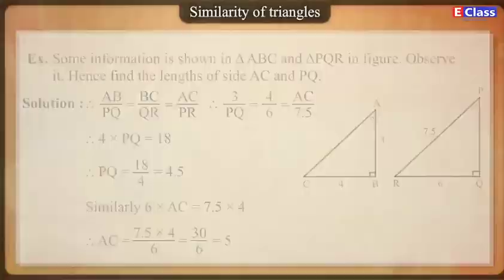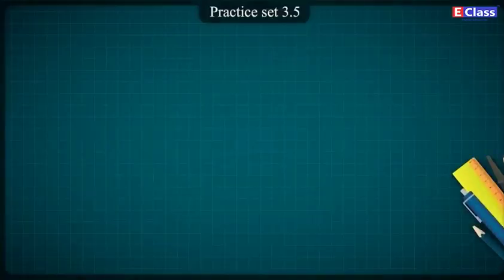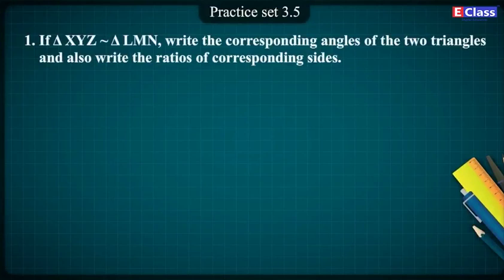Practice set 3.5. Question number 1. If triangle XYZ is similar to triangle LMN, write the corresponding angles of the two triangles and also write the ratios of corresponding sides. Solution. Triangle XYZ is similar to triangle LMN.